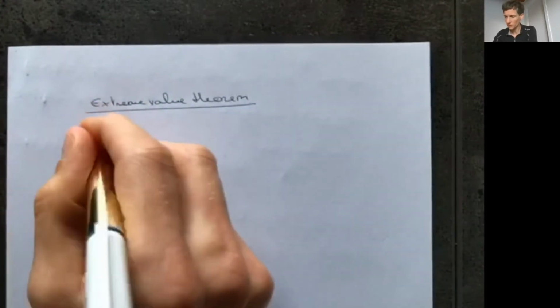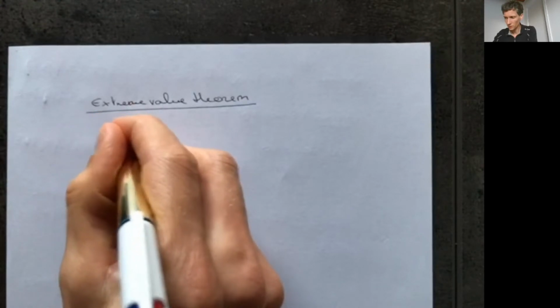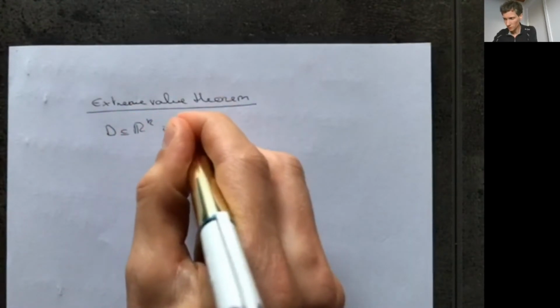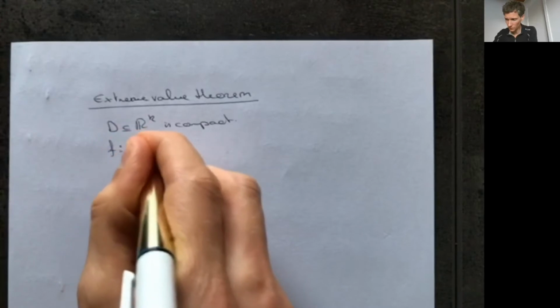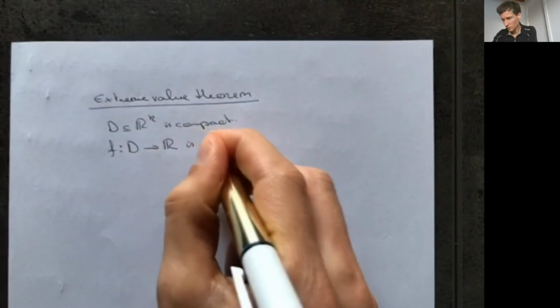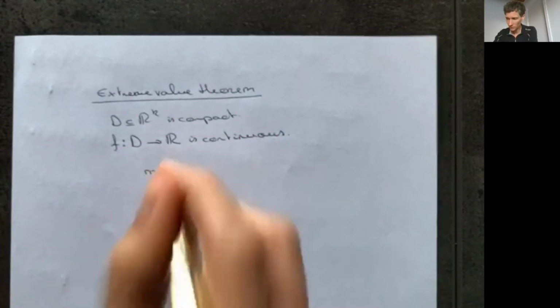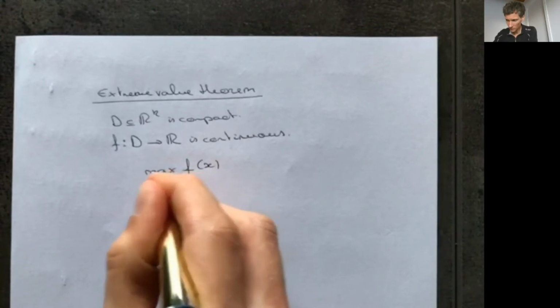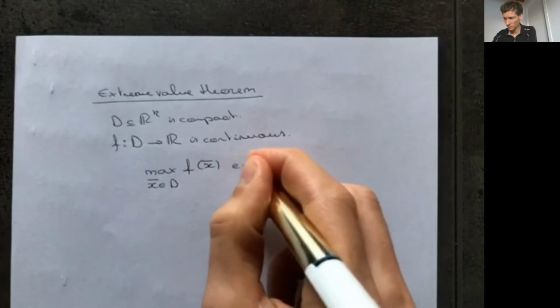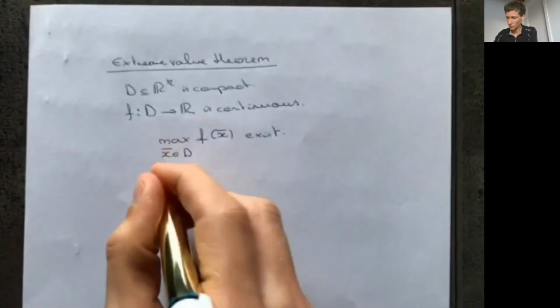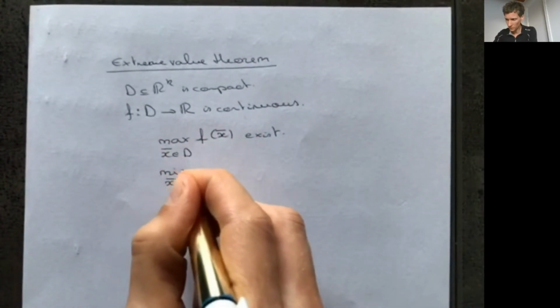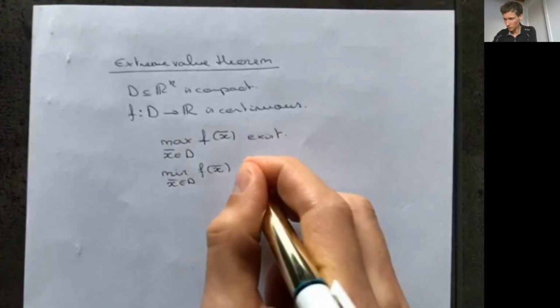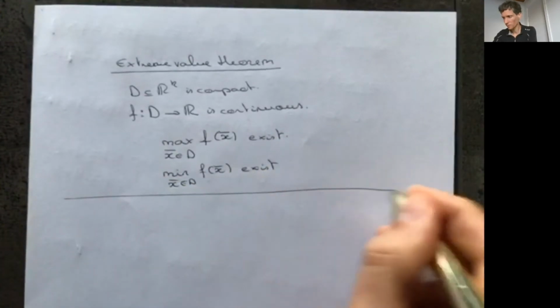The extreme value theorem is the following. Let D, a subset of R^k, be compact, and let f, a function from D to R, be continuous. Then the maximum of f(x) over x in D exists, and not only the maximum, but also the minimum over x in D exists.